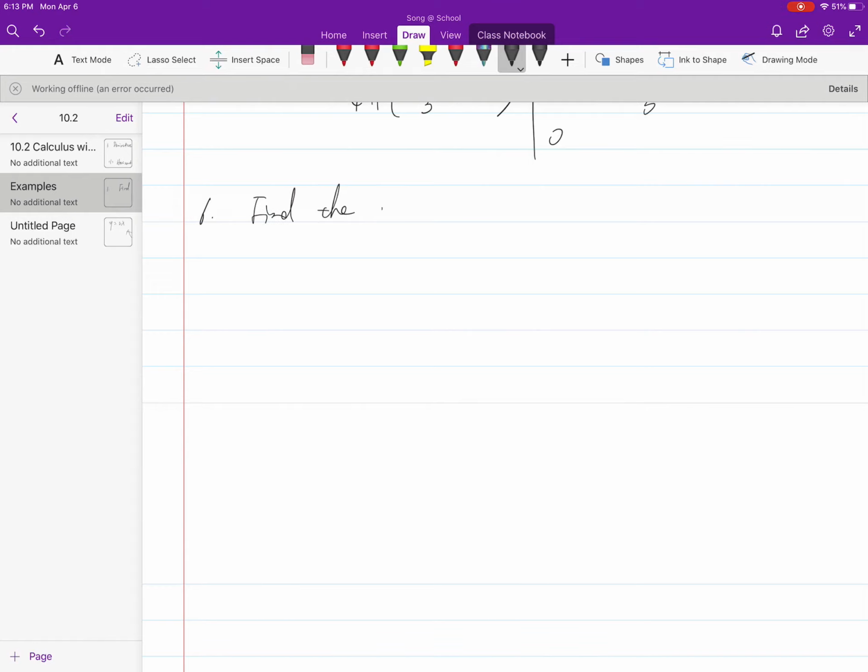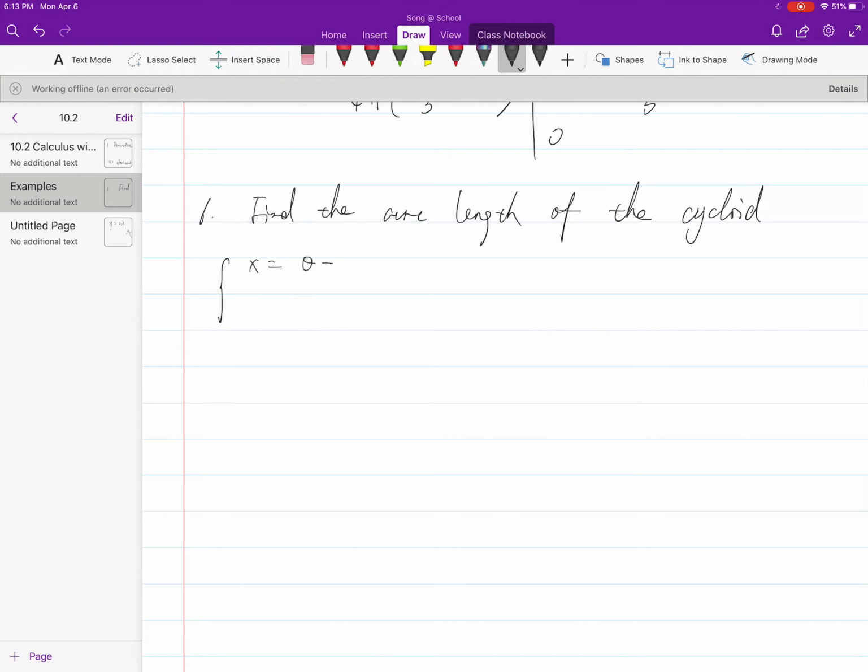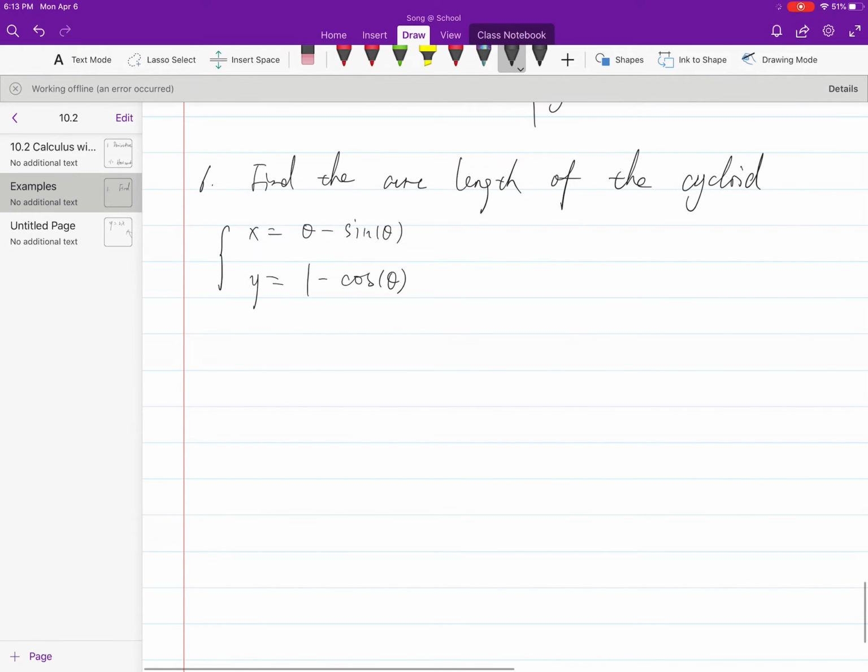Okay, so let's say we have a cycloid. We want to find the arc length. Again, I take r to be 1, so x equals theta minus sine theta, y equals 1 minus cosine theta.